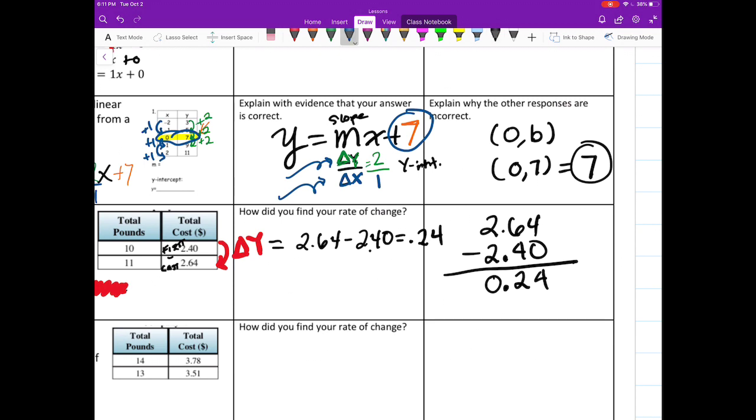And let me verify: did my change in y increase? Did I go from $2.40 to $2.64? That's an increase, so this is positive. So check. That's good. Okay, all right, next one.